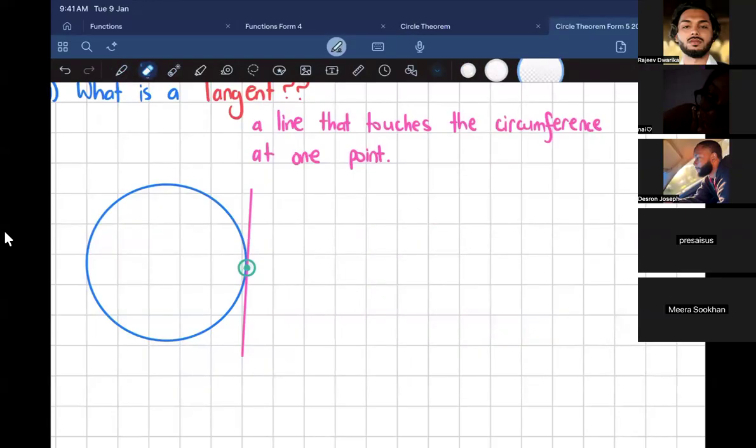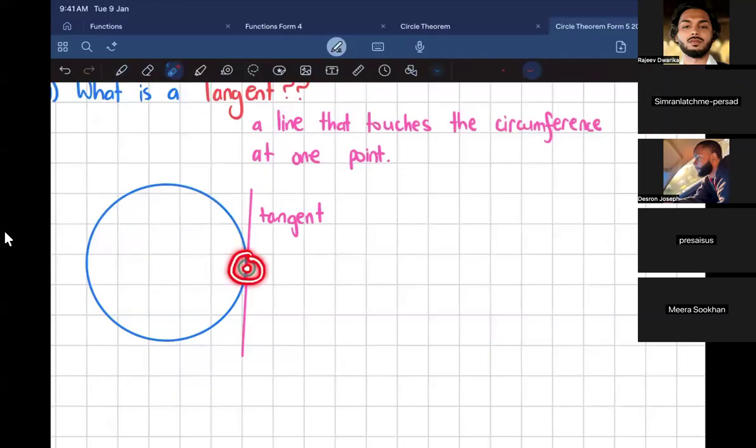All right. So this is what makes something a tangent. Simran, can you see that the tangent is kind of grazing the circle? Jira, do you understand what I mean by grazing the circle? Okay, Jira, I have a question for you. Would this be a tangent?